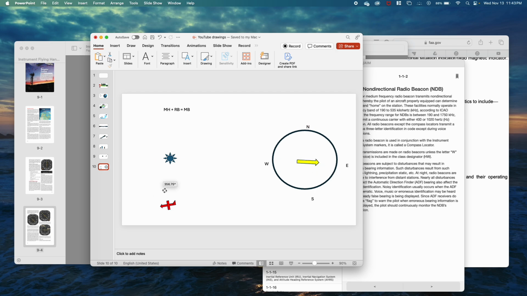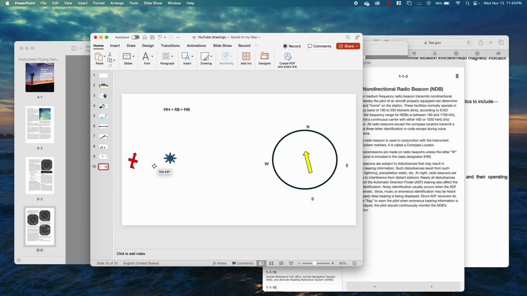If it's behind you, south. Can I get the point? You can almost think of this as it tells you how many degrees to turn from your current heading.